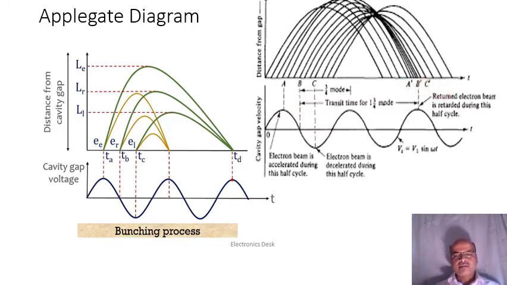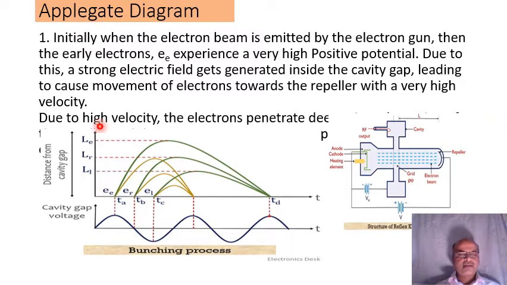One by one we'll start this explanation. Initially, when the electron beam is emitted by the electron gun, the early electrons, EE, experience a very high positive potential.